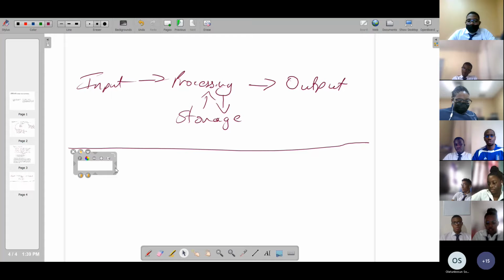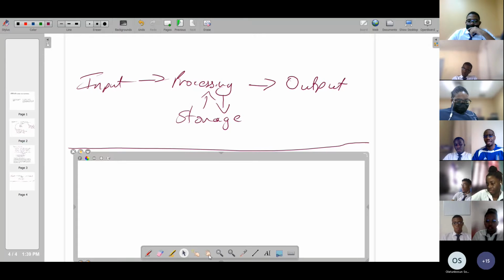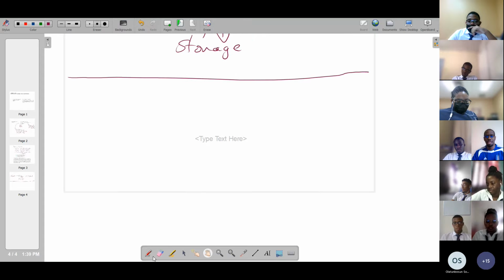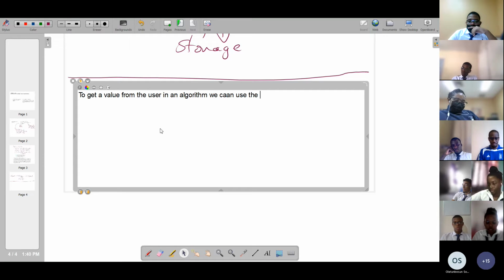So I want to talk about getting a value from the user, and I want to talk about printing out a value to the user. To get a value from the user in an algorithm, we can use the input statement. Input or read statement. Okay?